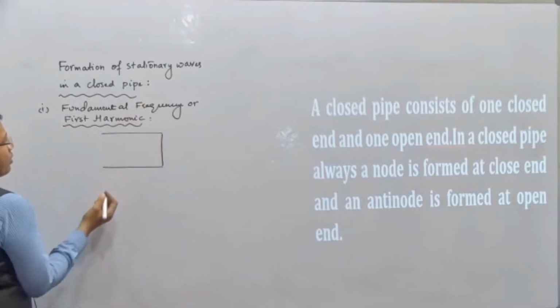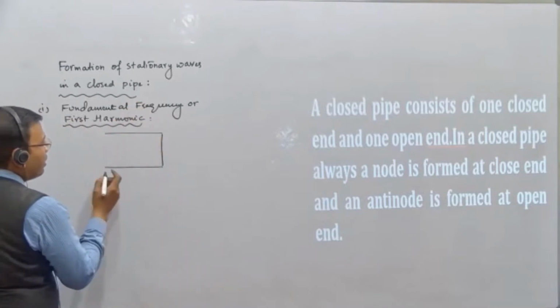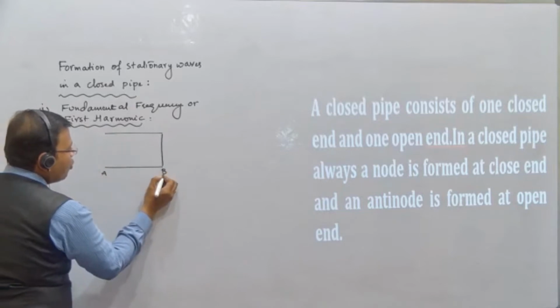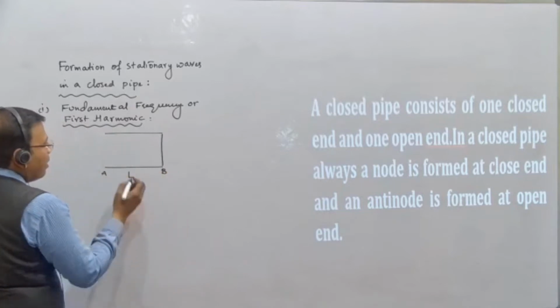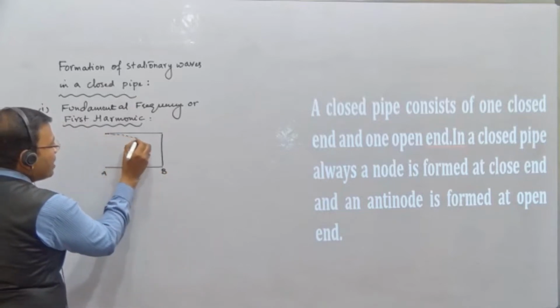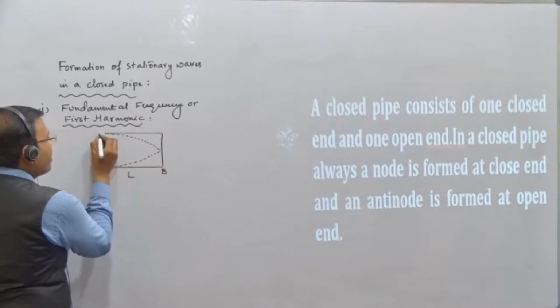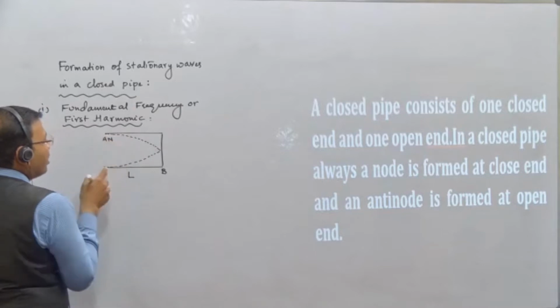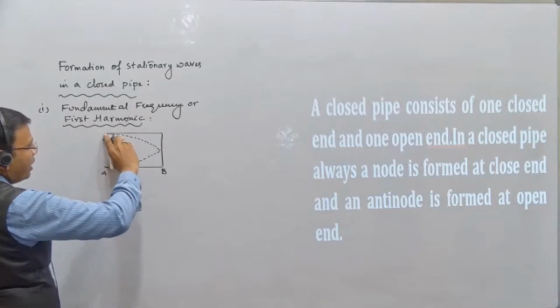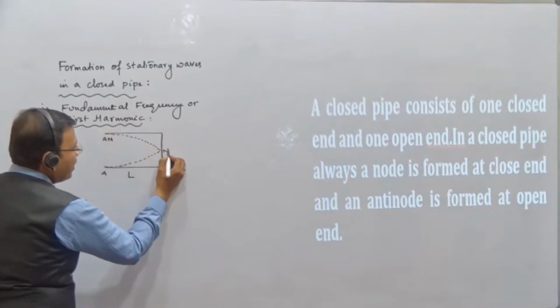Under this situation, you can see clearly, AB is the tube, the length is L. Now, antinodes are formed, so let us make the antinode here. This is one antinode, and here we call it a node.